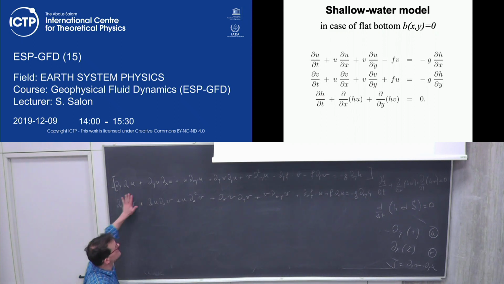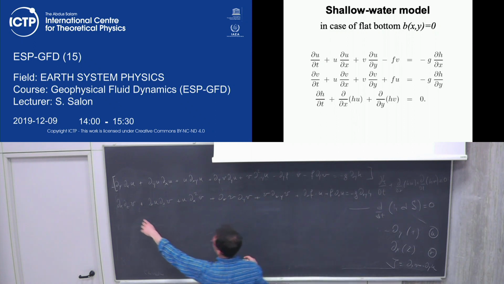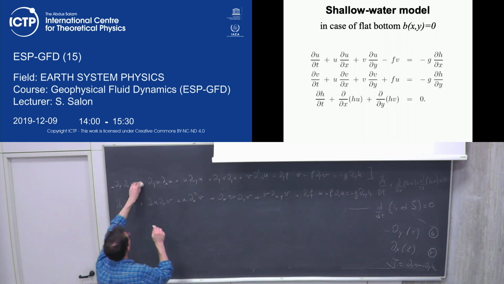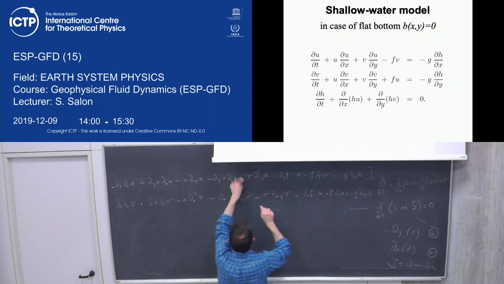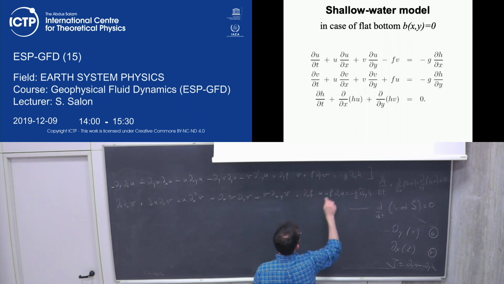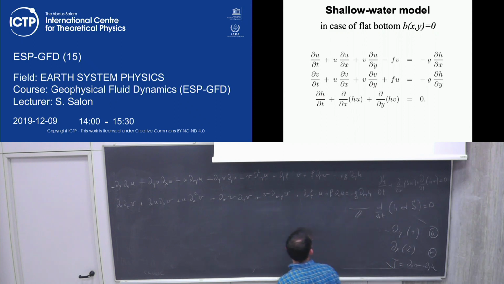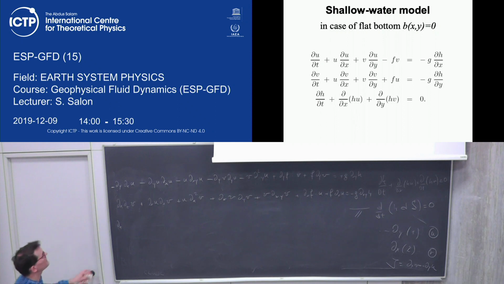Okay, when we do the sum of this, of course, we can take the minus. So minus, minus, minus, minus, minus, plus, plus, plus. This is 0. And now we can start to take the first time derivative.